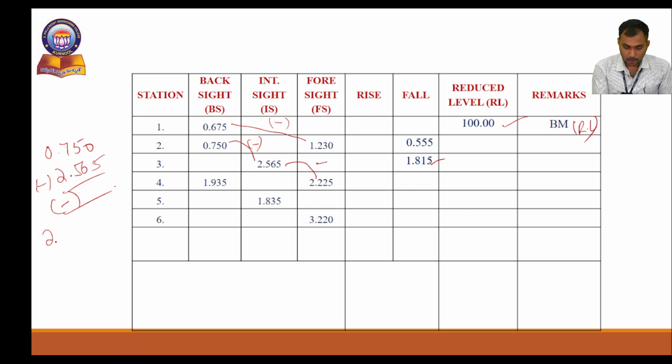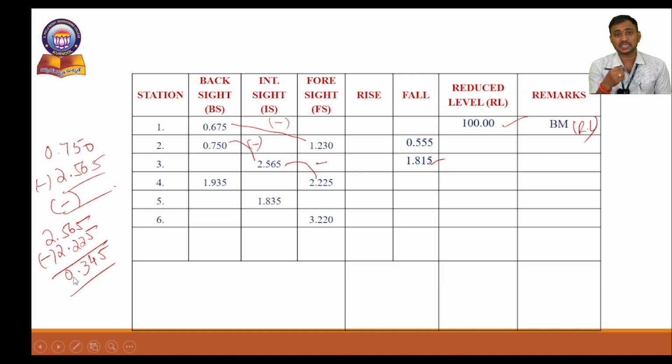So 2.565 minus 2.225. What value will we get? 0.340. So nothing but it is a positive value. Then we have to place it in the rise column. 0.340. Okay, my dear students. Next, backside minus intermediate side.